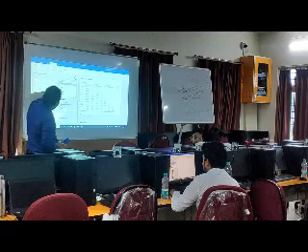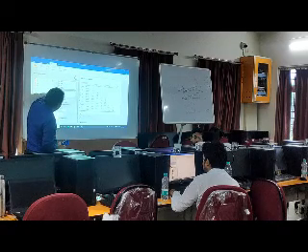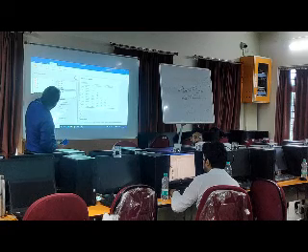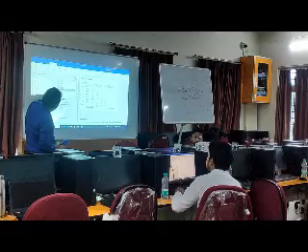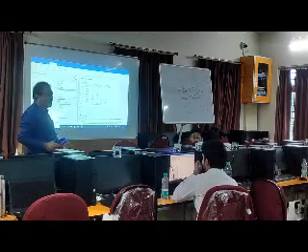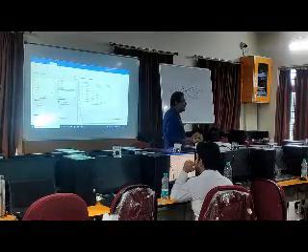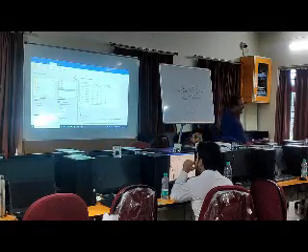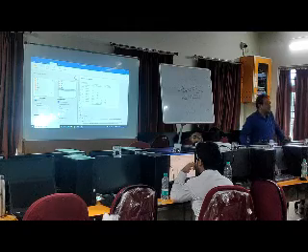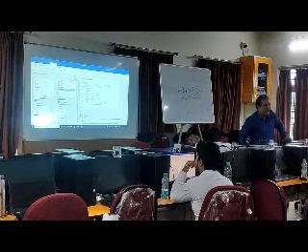Then FDI. Then foreign. Is it okay? So now this is our modified correlation matrix. This is called the modified correlation matrix. I hope it is clear to all of you.